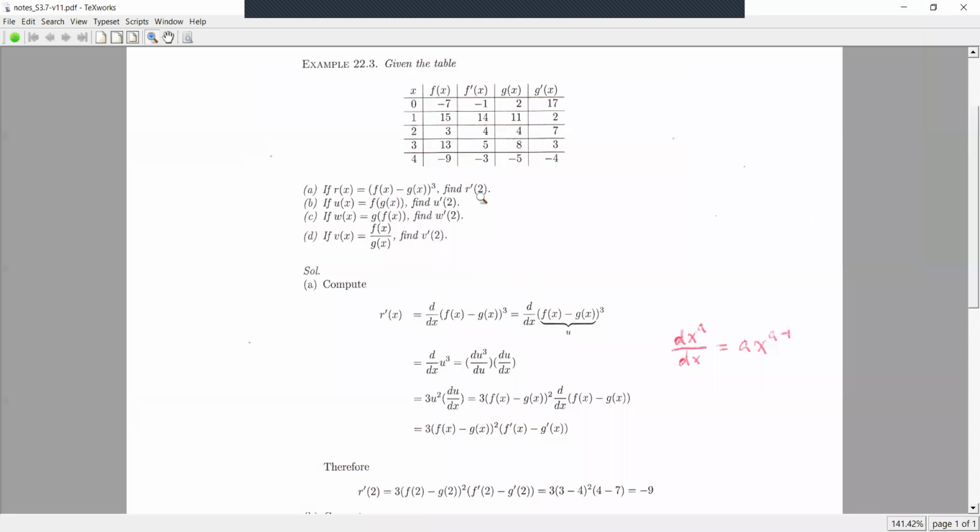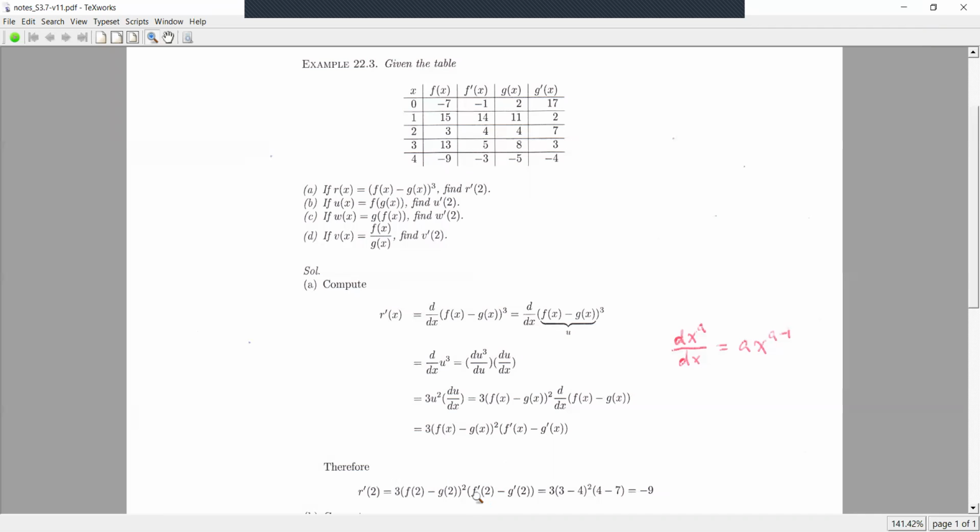To find the derivative at the point 2, plug in 2 for the x here. Then we have this equation. Now, from the table, the function value of f at 2 is 3. The function value of g at 2 is 4.